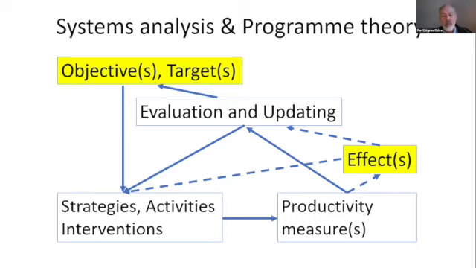And then it comes to strategies and interventions, activities. And these are under great influence from a number of things. But usually when you say, okay, what shall be done, then you arrive at the productivity measures, like how many hectares of land shall we protect? But very often you do not look at the effect in specific.